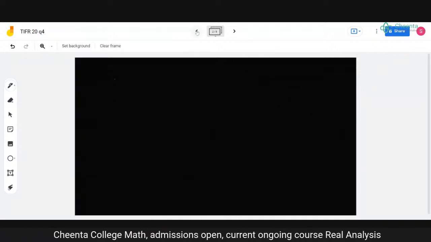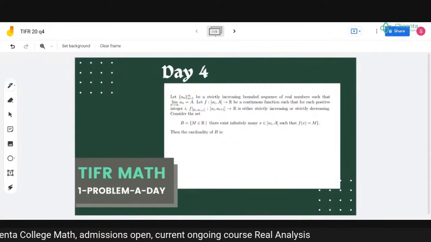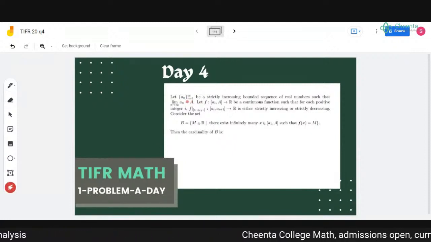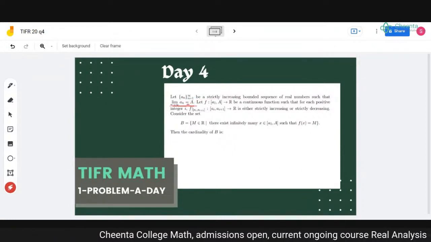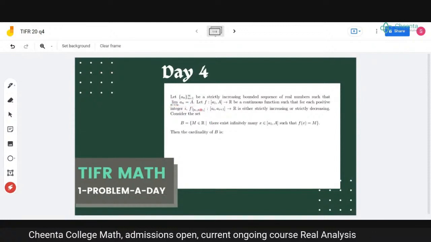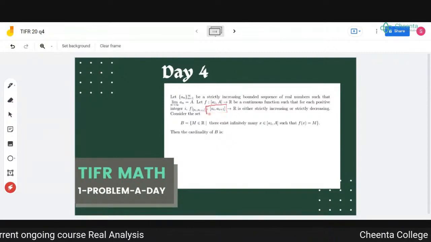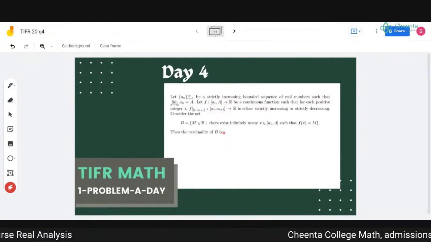Now, if you look at this question, the first thing you should be attracted to is that this is a strictly increasing bounded sequence and its limit is a. Second thing is that the function on each of these intervals is either strictly increasing or decreasing.